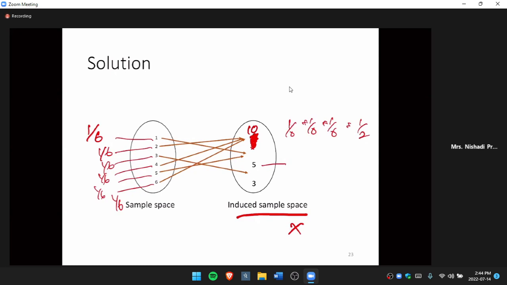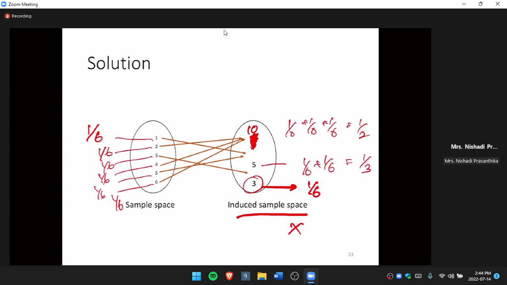The probability of getting 5 as the score is 1 over 6 plus 1 over 6, that is 2 over 6, which is 1 over 3. The probability of getting number 3 is 1 over 6.